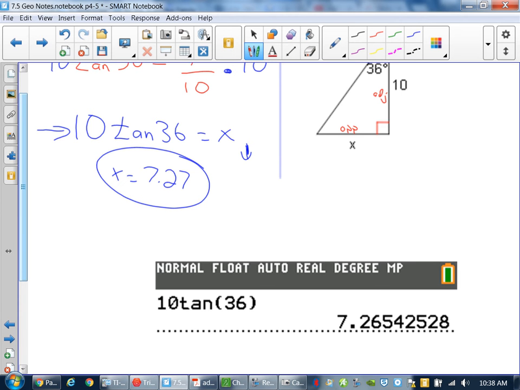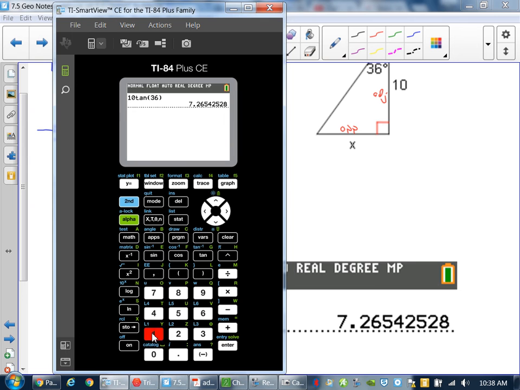Secondly, if my answer has to be 10 tangent 36, I write down what I'm going to type in my calculator, but let's say you accidentally do 10 cosine 36 because you weren't paying attention, and you get that. If I don't know what you wrote down, I won't know what you did to screw up, if that makes any sense.